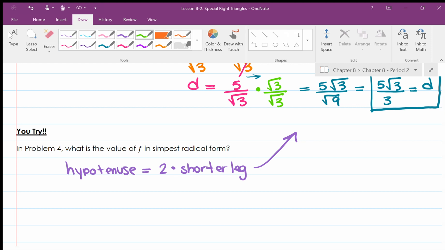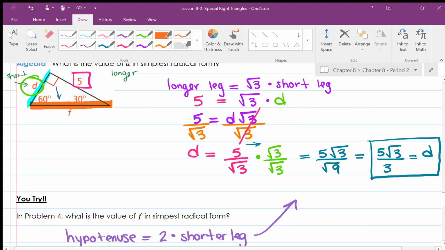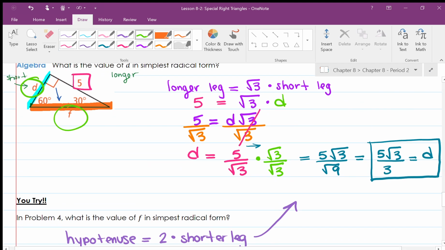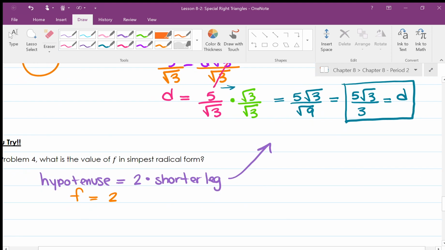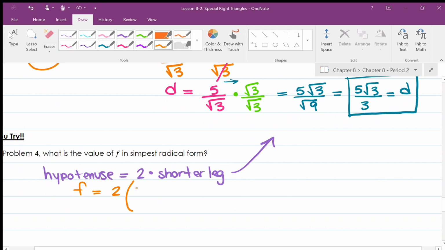So in order to find our hypotenuse here, which is f, let's do that in orange, our hypotenuse being f is equal to 2 times our shorter leg, which we found in the previous problem to be 5 radical 3 over 3, okay?